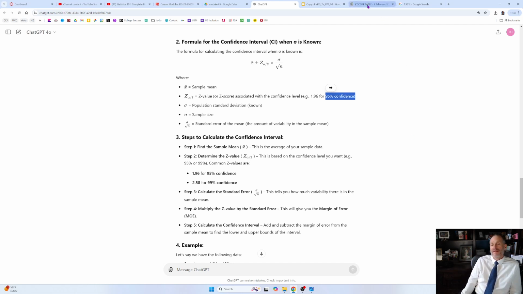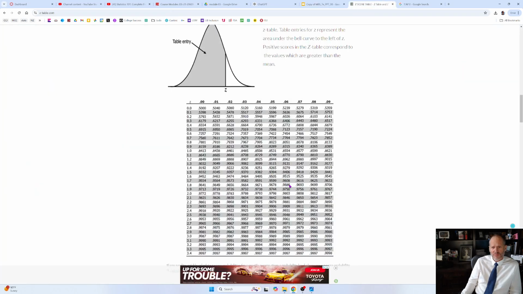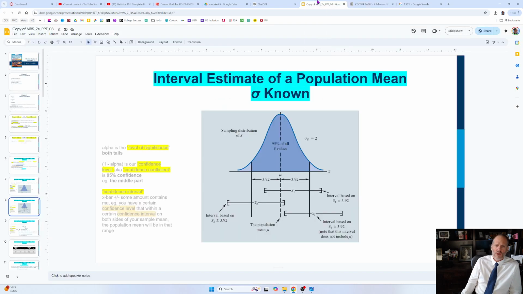When we look up 97.5% of our data, 2.5% here, 97.5% there, when we look up 0.975, we get a z-score of 1.96, which means that 1.96 from the mean, go out 1.96 standard deviations, and this is where you're going to have from this point over 97.5% of your data.